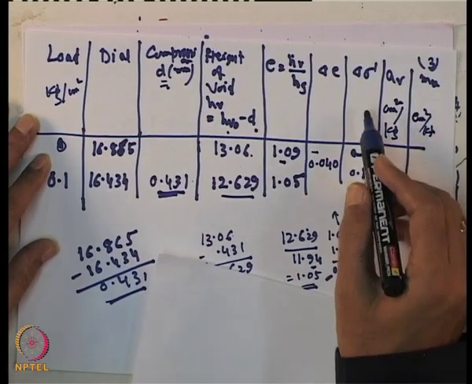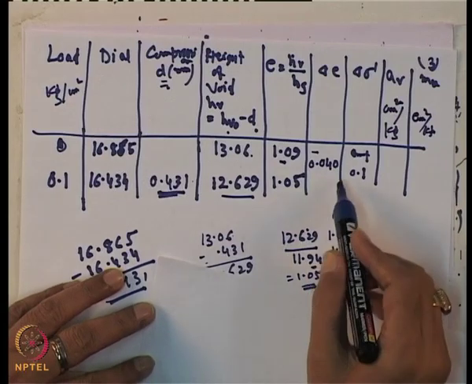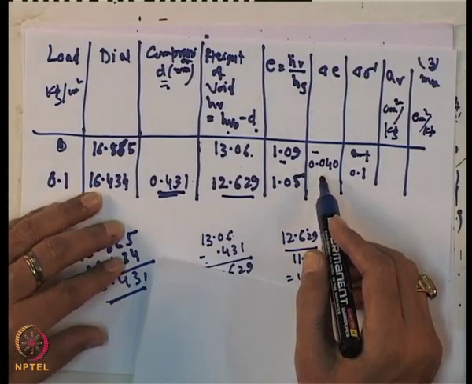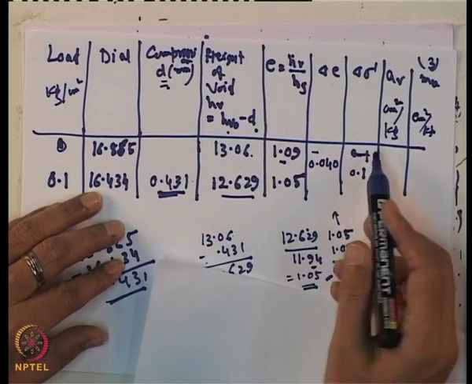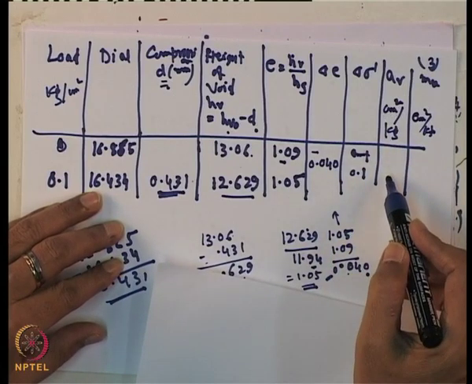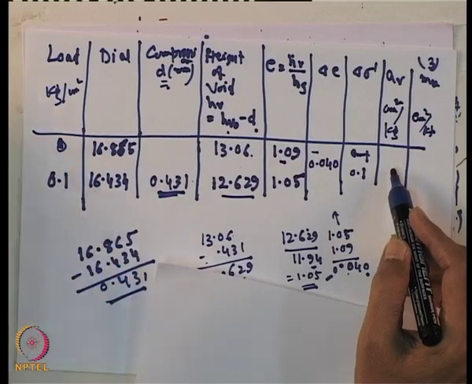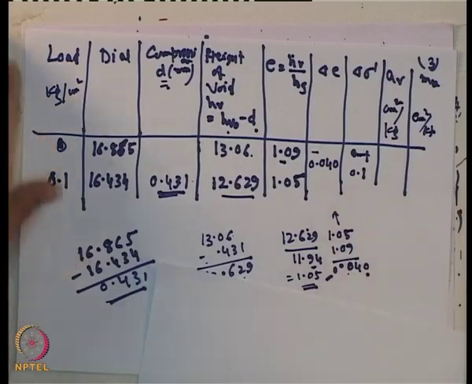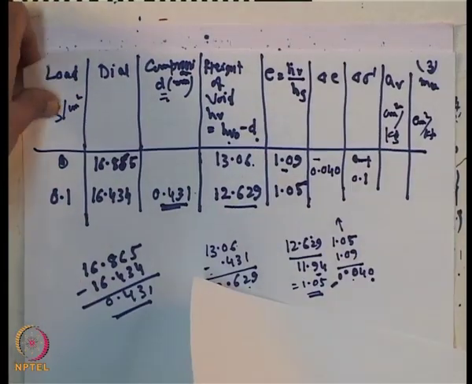Now, how to calculate the av value, and how to calculate the mv value? I am showing it.